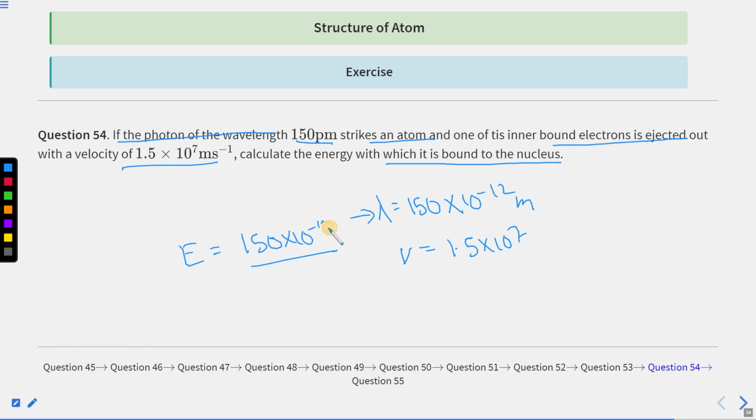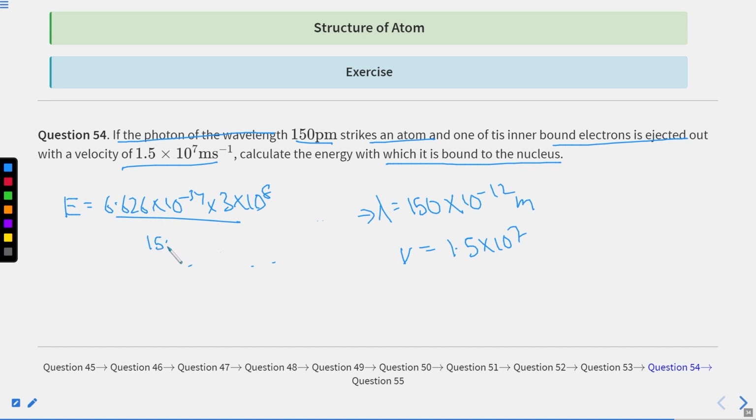E equals h c by lambda, 6.626 into 10 to the power minus 34, 3 into 10 to the power 8 by lambda, 150 into 10 to the power minus 12 meter. This would give us the energy.